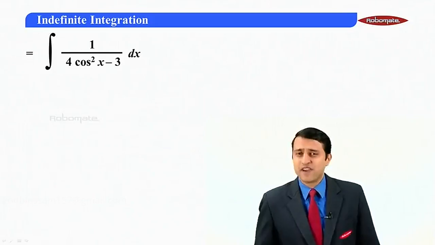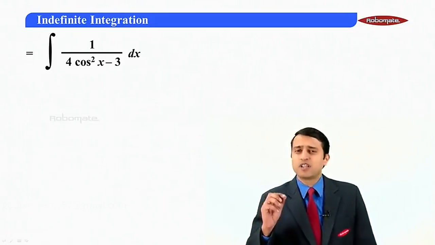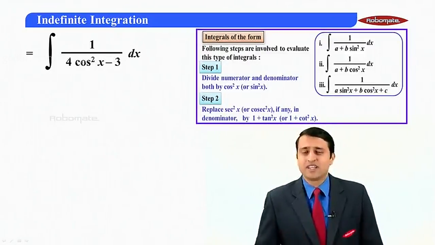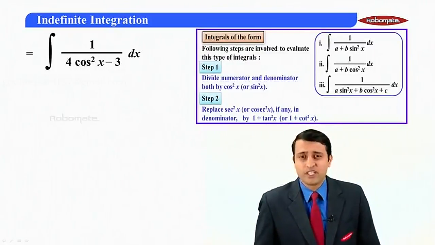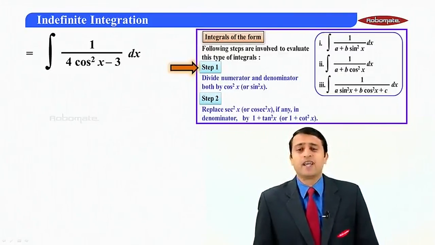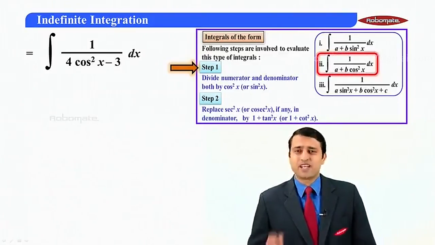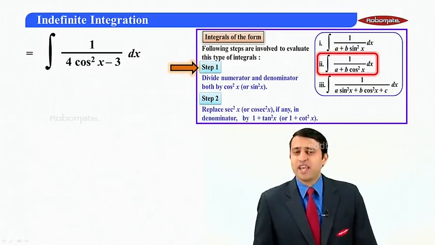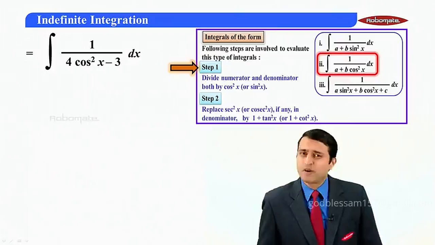Now my dear students, if I were to ask you how will you solve this particular integral, then you don't have any doubt that it has to be solved by following these steps. The very first being dividing by cos square x. So let us start. This integral is of the type 1 upon a plus b cos square x.